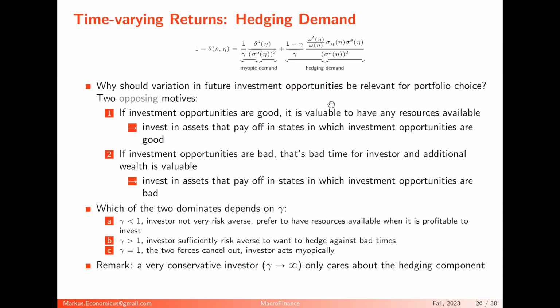So here's the same thing again. Why should the variation in future investment opportunities be relevant for portfolio choice? There are two opposing motives. If the investment opportunities are good, it is valuable to have resources available. So you invest in assets that pay off in states in which the investment opportunities are good.